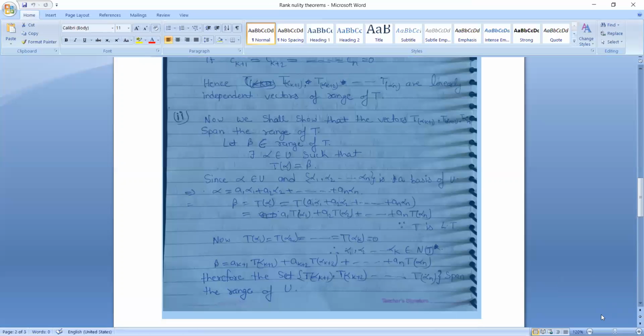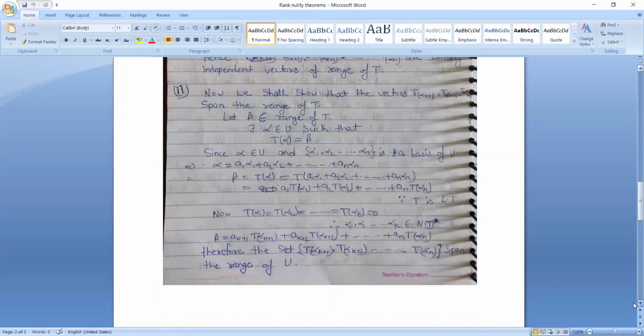Now we shall show that the vectors T alpha k plus 1, T alpha k plus 2 and so on span the range of T. Let beta belong to the range of T, then there exists alpha belonging to U such that T of alpha is equal to beta.